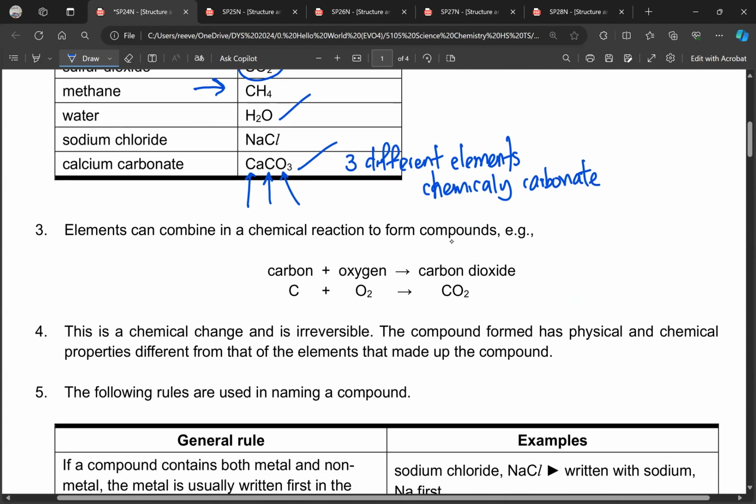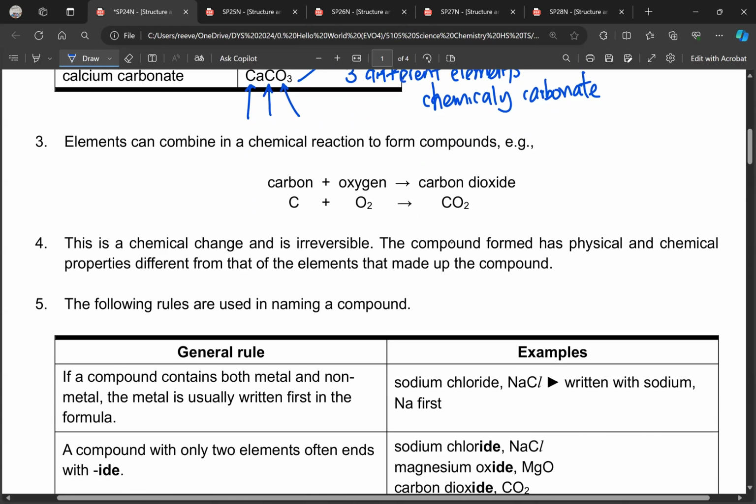Okay, let's move on to point number 3. Elements can combine in a chemical reaction to form a compound. You need a chemical reaction to chemically combine it. So if you don't have a chemical reaction, then you don't get a compound. So what is a chemical reaction? For example, you need to heat it up.